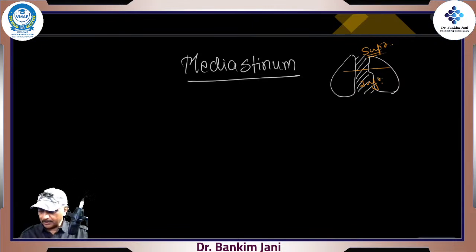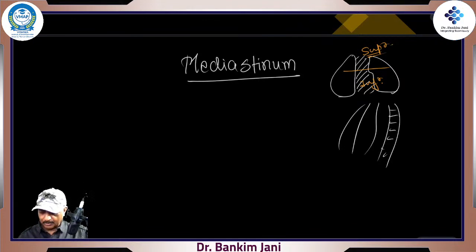From the lateral aspect, when we see, that's the chest, that's the spine. The portion which consists of the heart and all the vessels is the middle mediastinum. In front is the anterior mediastinum, and what is lying below or behind is the posterior mediastinum, right? We'll see it in still more detail, but this is in general.